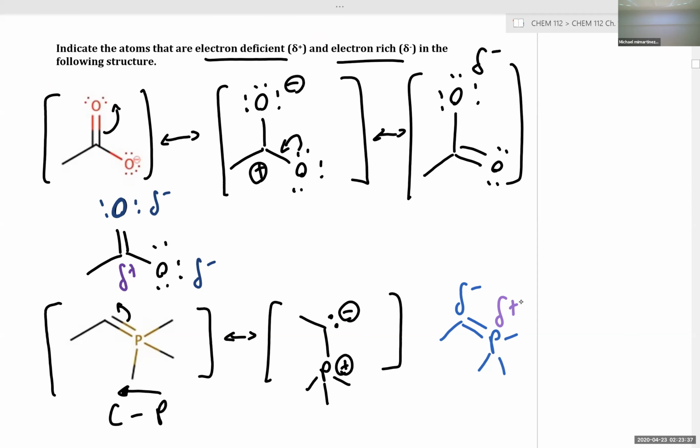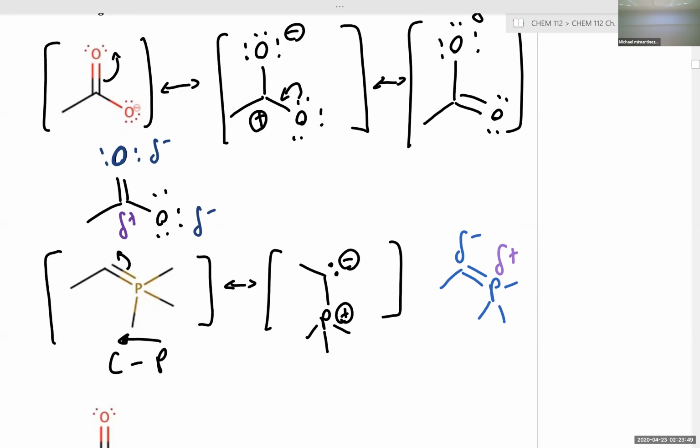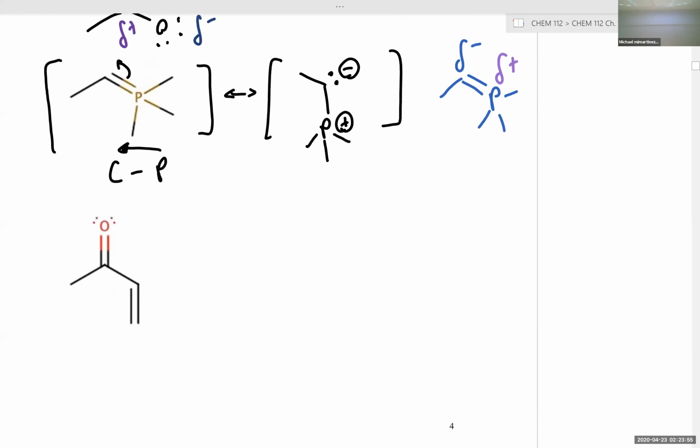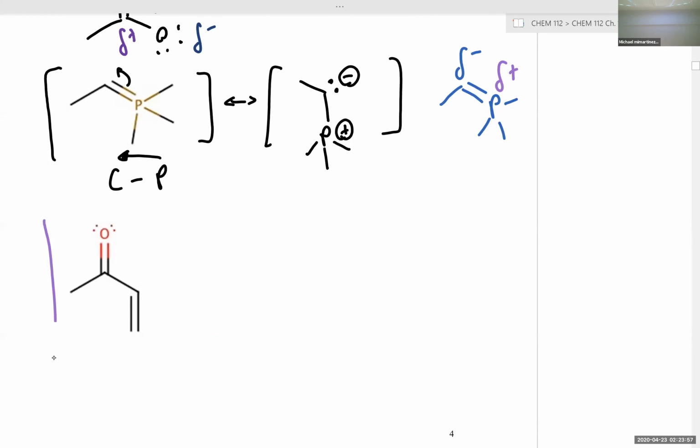Identifying sites that are electron rich and electron deficient will help you logically pace through reactions you may not have seen before. So this is building the fundamental skills to draw reaction mechanisms. So with that established, I'd like you now to assign the sites that are electron rich and electron deficient in the following molecule.